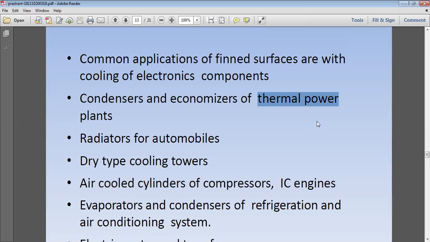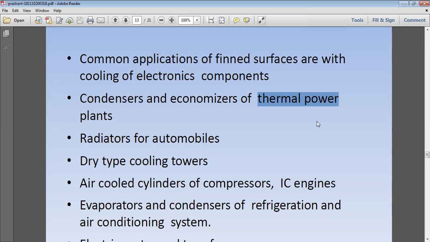For example, take an air conditioning system. If you go and see the outer unit, at the back end we have a number of fins provided. In these outside units, we have a number of vertical fins. Before that, we have the condenser coil. What is the function of the condenser coil?